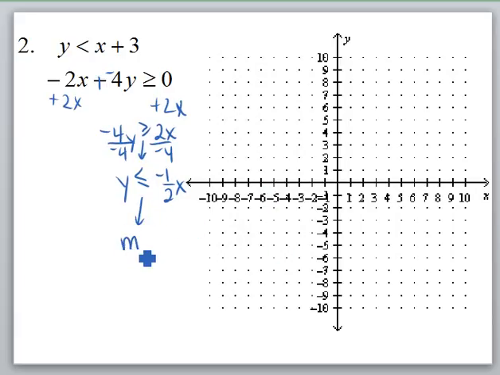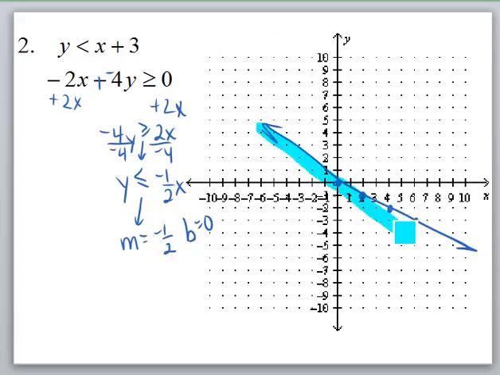So that means the slope of this line is -1/2, and your b value is 0. So I'll plot 0. I'll go down 1 to the right 2, down 1 to the right 2, down 1 to the right 2. I will use a solid line, and I'll be shading below that line. That is less than.